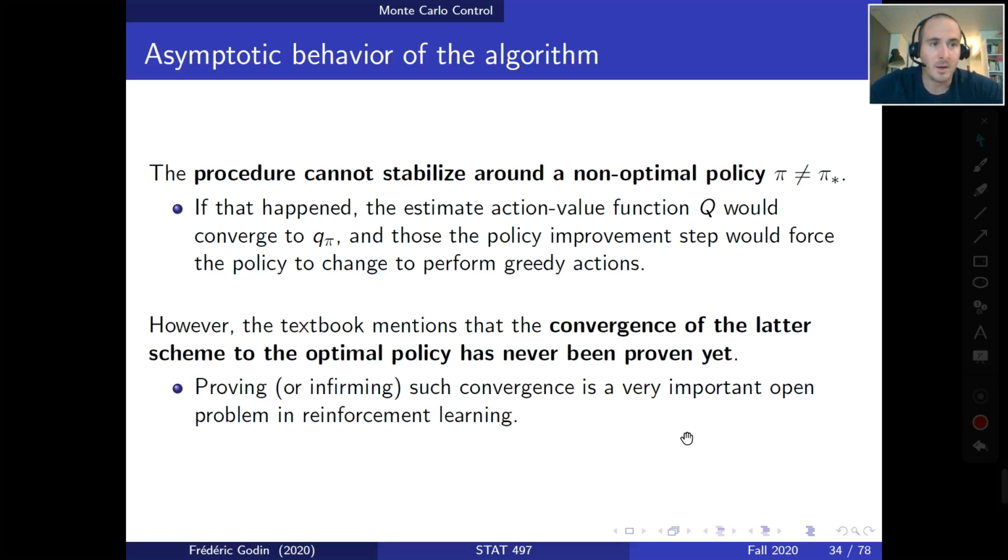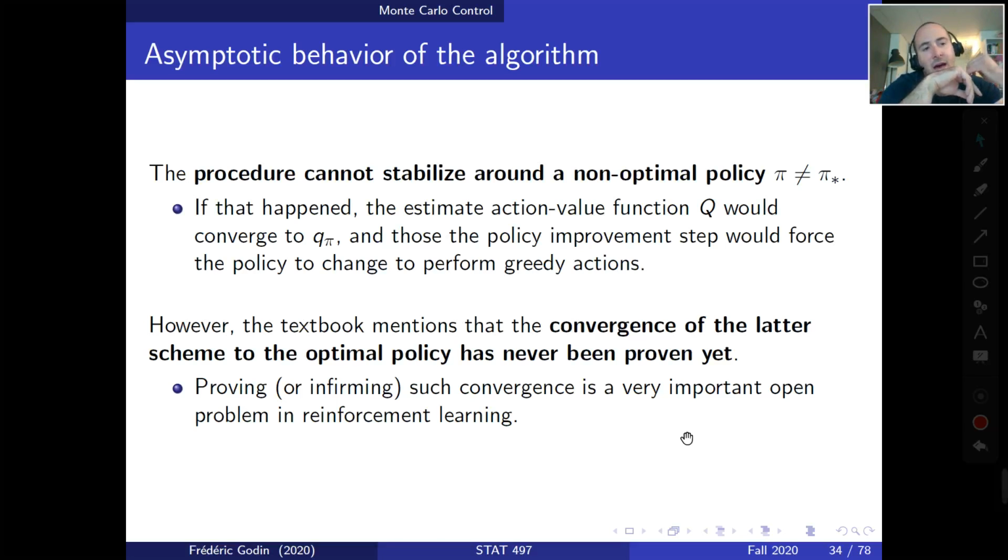What we know here is that it's impossible for this procedure to stabilize around a non-optimal policy. What do we mean by that? It's impossible that this algorithm has a policy estimate which will converge to some policy pi which is not the optimal one.